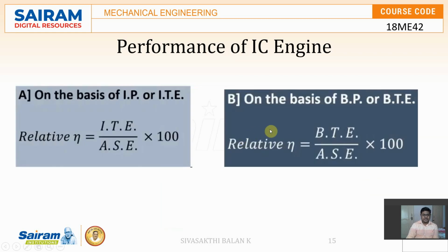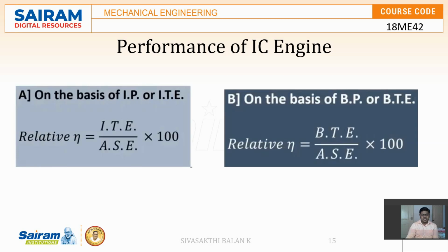And the performance of an IC engine is also calculated based on the relative efficiency on the basis of indicated thermal efficiency. The relative efficiency is calculated as the ratio between indicated thermal efficiency and the air standard efficiency.